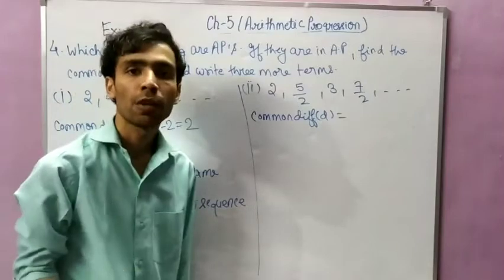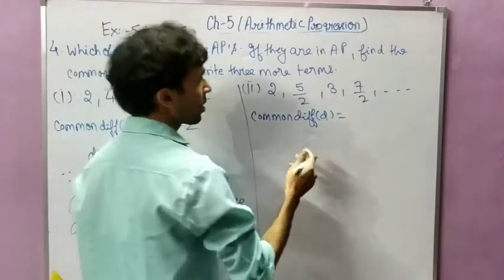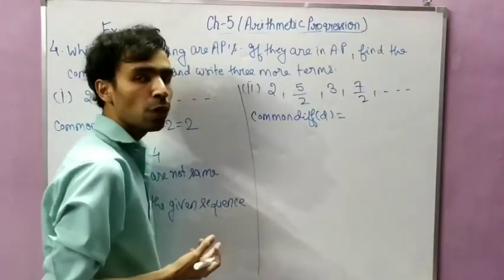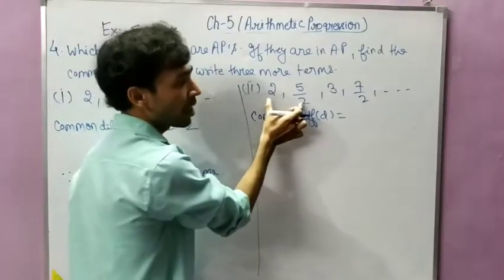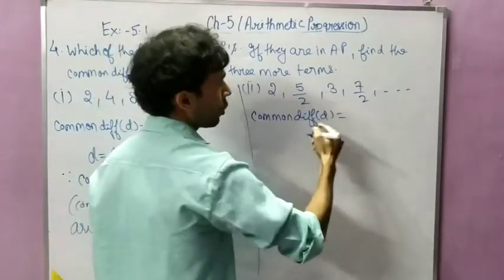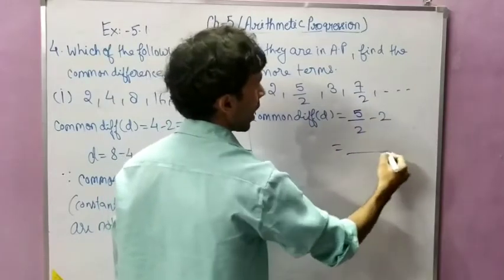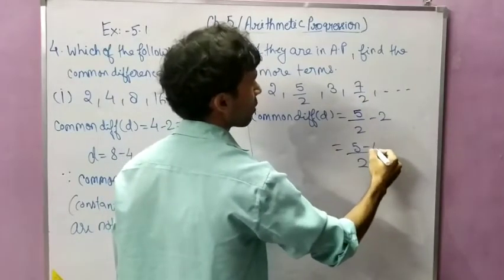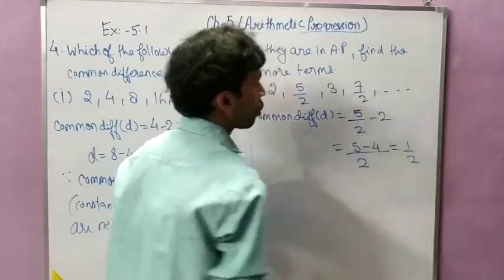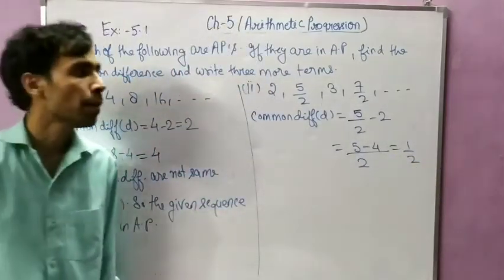So first we have to calculate its common difference, by taking any two consecutive numbers. First I am taking these two. For calculating the common difference I can do 5 by 2 minus 2. The LCM will be 2, so 5 minus 4, that is 1 by 2. So in the first case the common difference is 1 by 2.